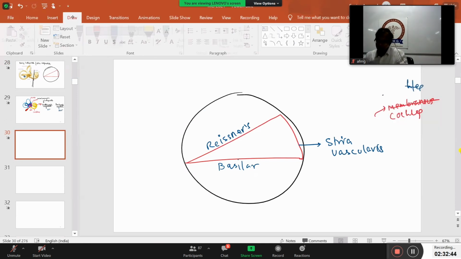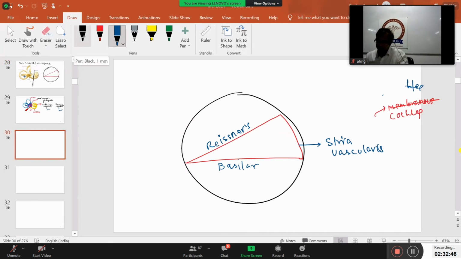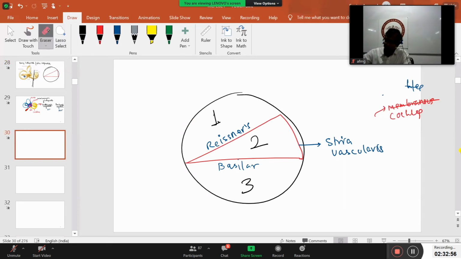So which are these three compartments of the cochlea? See, one is this compartment, one is this compartment, one is this compartment. And these compartments have names. What is the upper compartment of the cochlea called? It's called scala vestibuli.